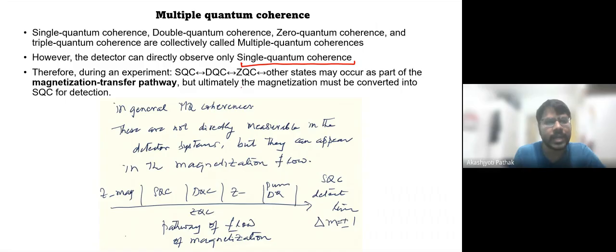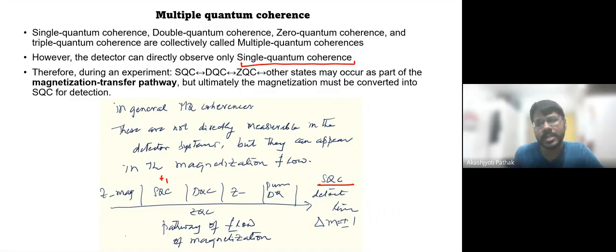These states can occur as part of the magnetization transfer pathway. This is how it was explained in the lecture. Once the magnetization is applied, in the t1 period, at a particular time, it can have SQC, then there can be DQC, ZQC, but ultimately the magnetization has to be converted into single quantum. For detection, all these signals have to be converted into single quantum coherences for the detector system.